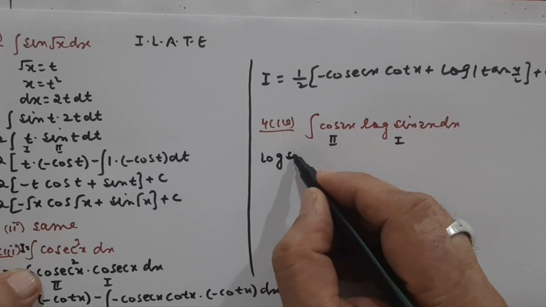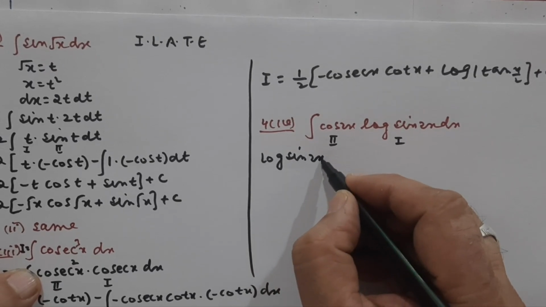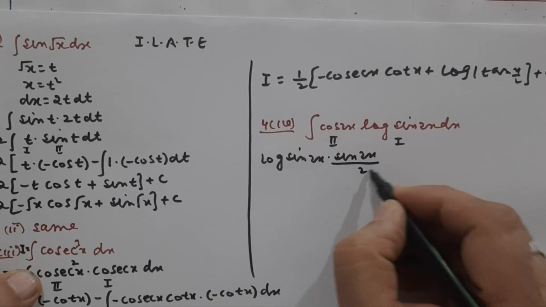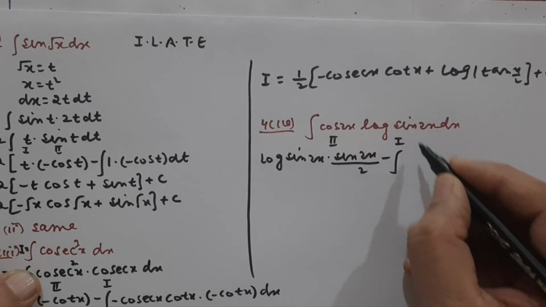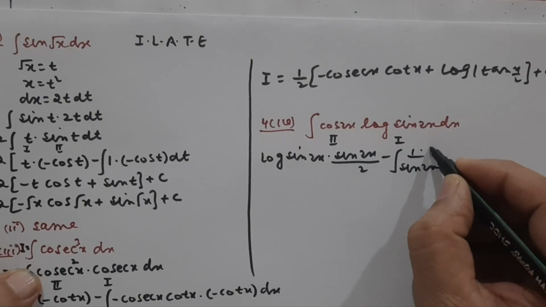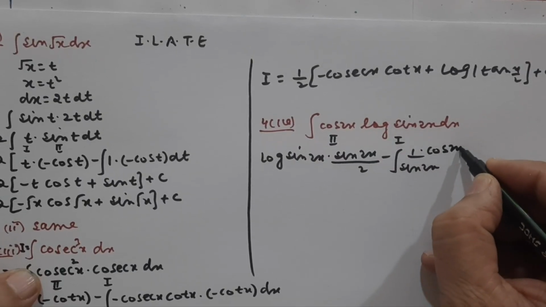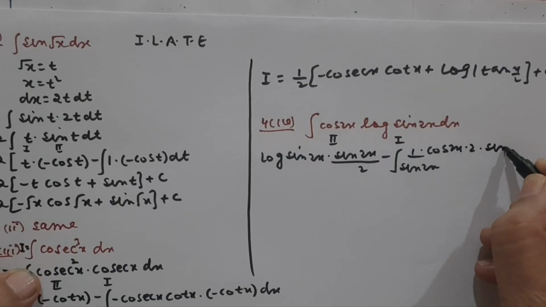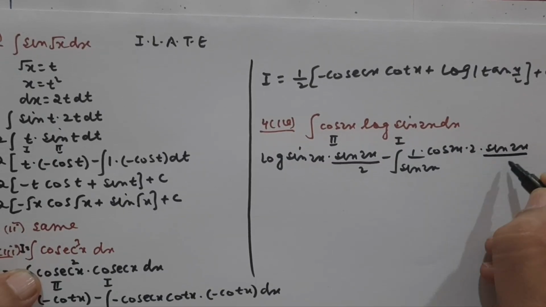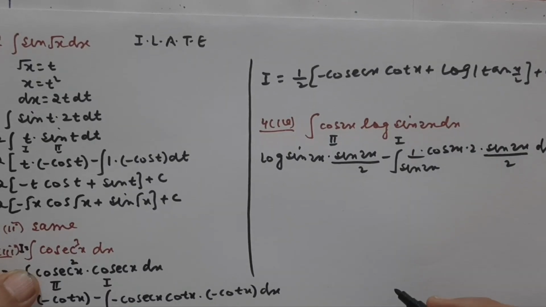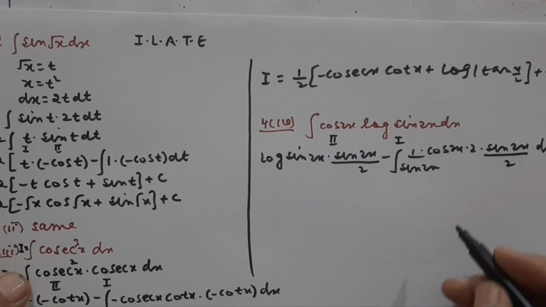First function, integral of cos 2x, sin 2x upon 2, minus derivative of first, 1 upon sin 2x into cos 2x into 2, and integral of cos 2x is sin 2x upon 2, dx, like this.